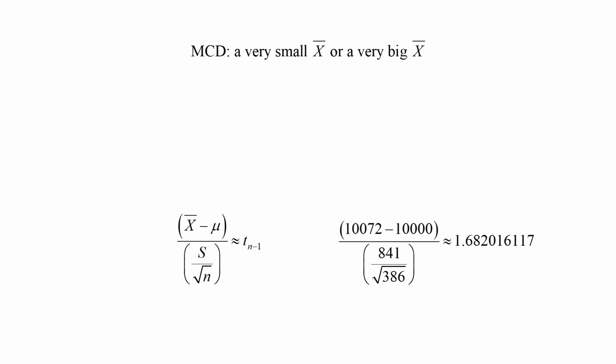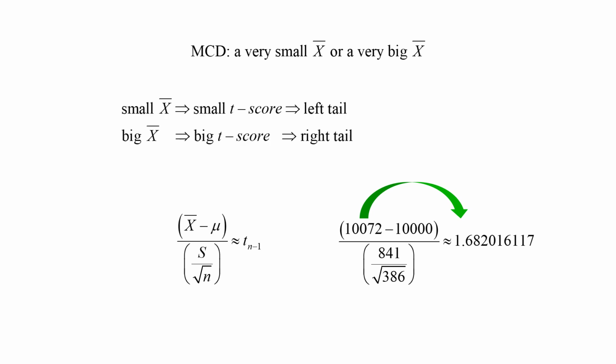Looking at our test statistic, the value of x bar directly influences the t-score. The bigger x bar is, the bigger the t-score. The smaller x bar, the smaller the t-score. So small x bars, which means small t-scores, would be convincing, so left tail values for the t-score would be convincing, but also big x bars, which means big t-scores, and the right tail of the graph would also be convincing.